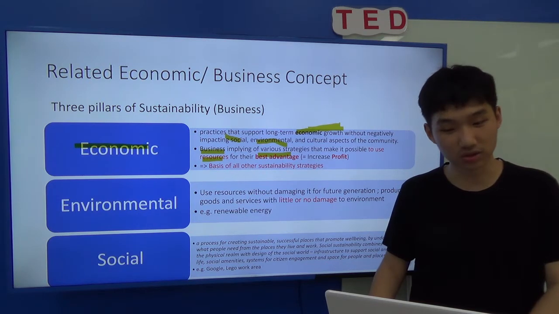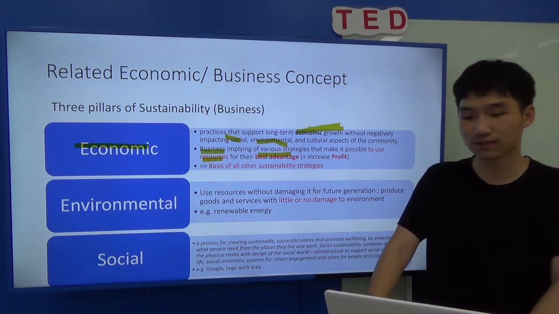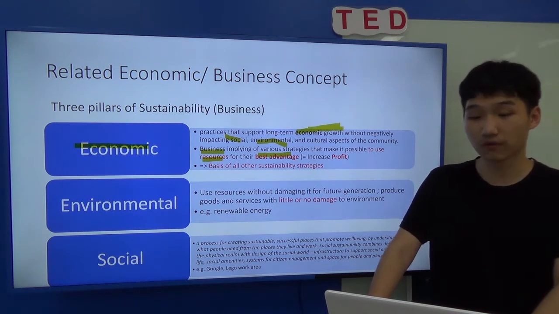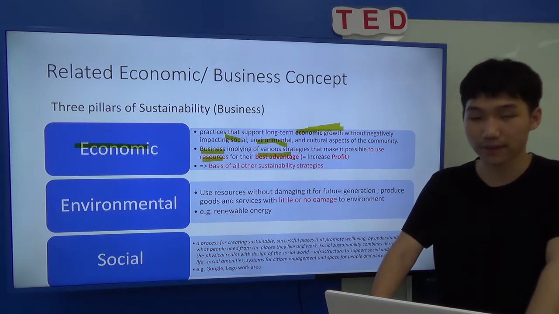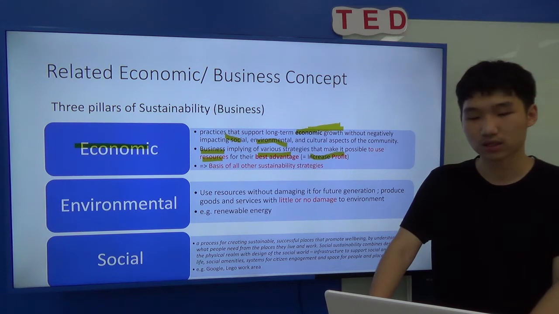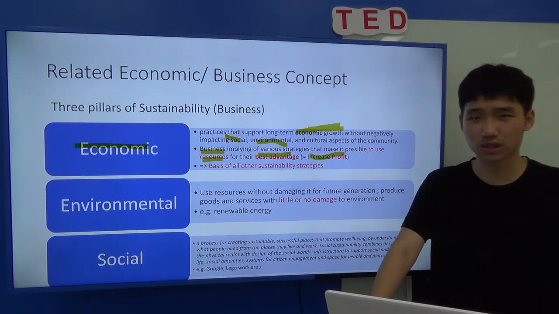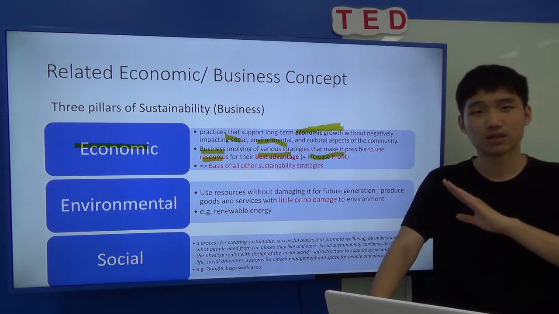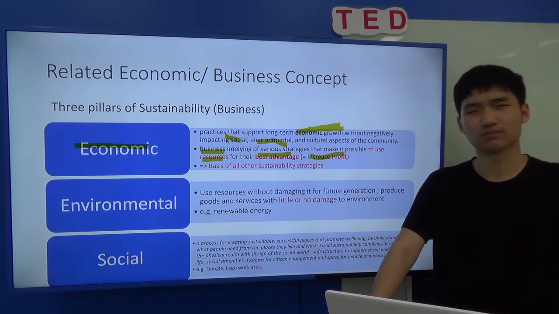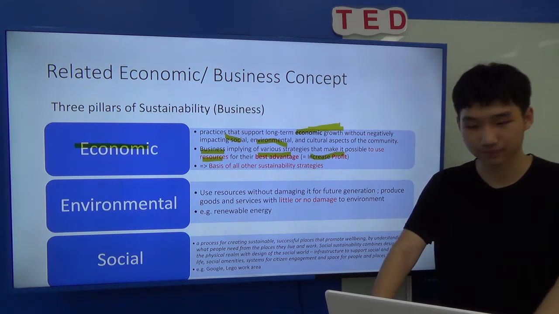Okay, it's gone. So again, business employing various strategies that make it possible for them to use resources, in other words, inputs, for their best advantage. This basically means increased profit. So economic sustainability for business is about increasing their profit without impacting the society in a negative way.